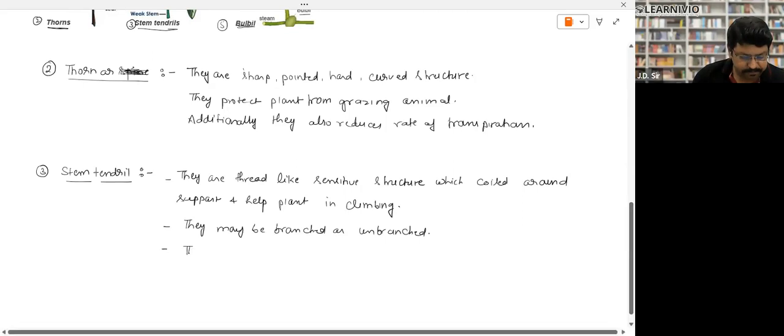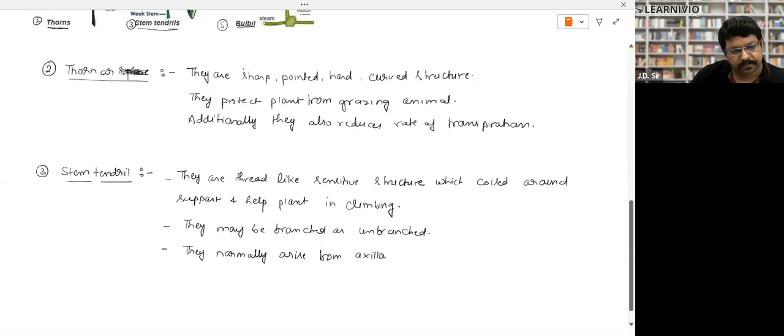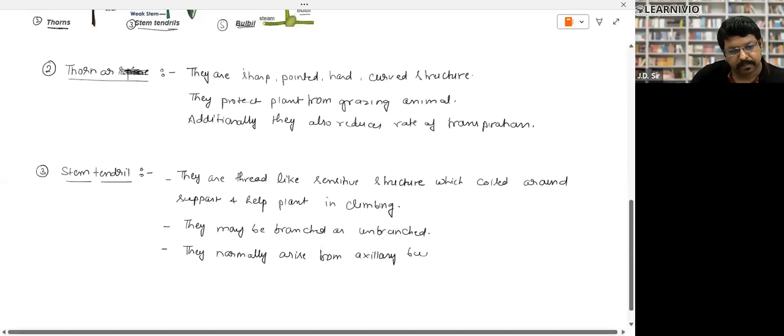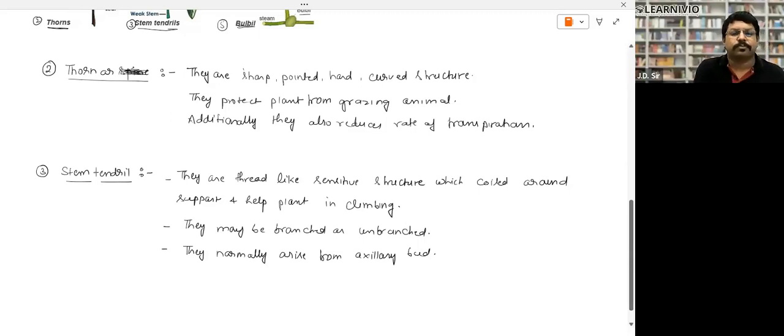They normally arise from the axillary bud. Axillary bud, right? So this was the stem tendril. Is it clear to all of you?